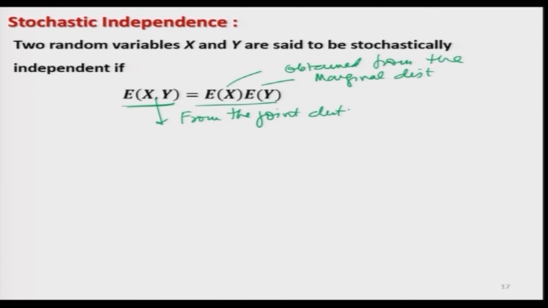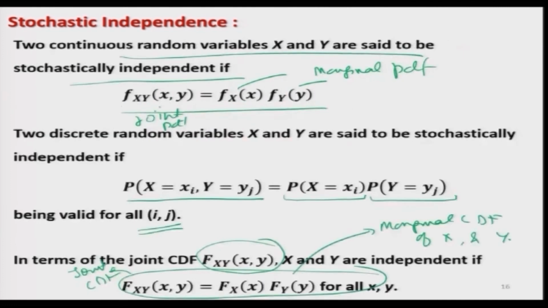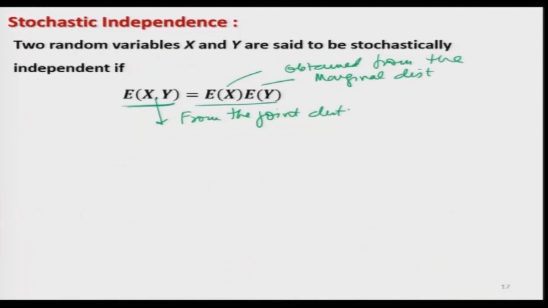All these definitions whatever you have seen here in terms of PDF, CDF, expectation, etc., can be extended for any finite number of random variables. For example, if I have random variables x1, x2, up to xp, and we want to check their stochastic independence, then in terms of the PDF, f of x1, x2, up to xp can be written as the product, i goes from 1 to p, of f of xi.